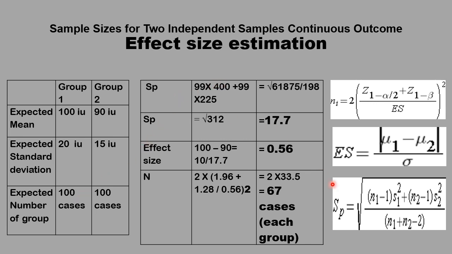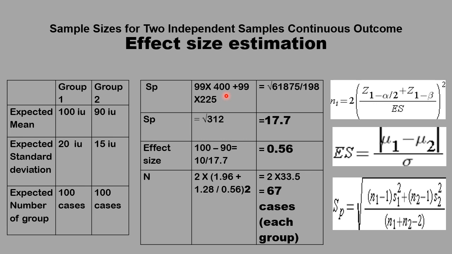And the equation first for the pooled standard deviation would start with the number in the first group, that's 100, minus 1, that's 99, multiplied by the square of the expected standard deviation, which is 20.